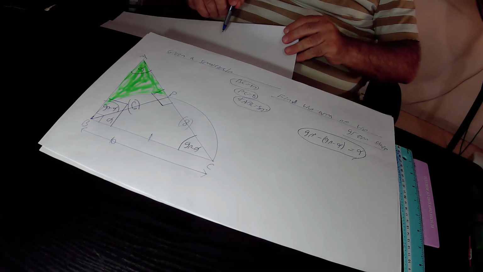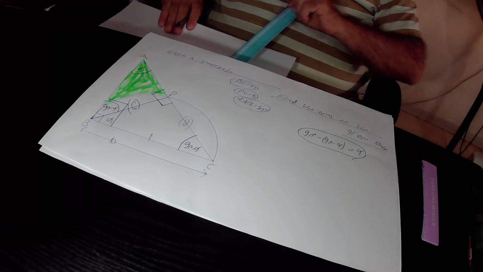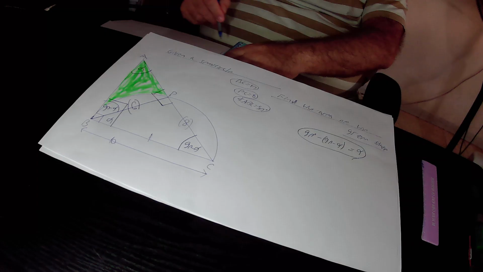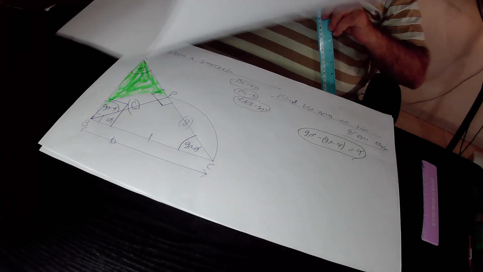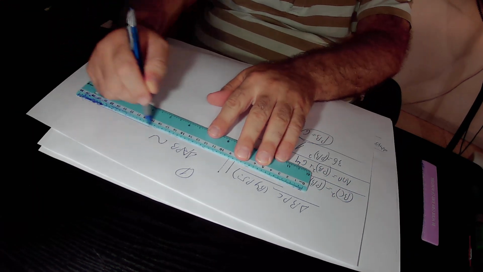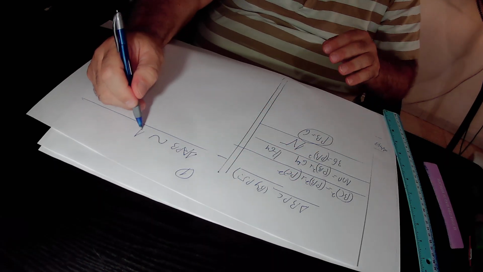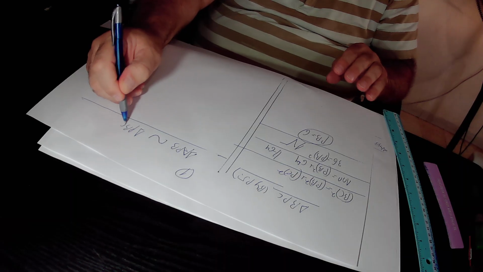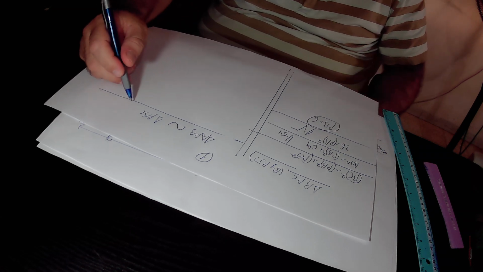So we found out that the right triangle APB is similar, this is the sign of similar, to the right triangle PBC according to the angle similarity rule.